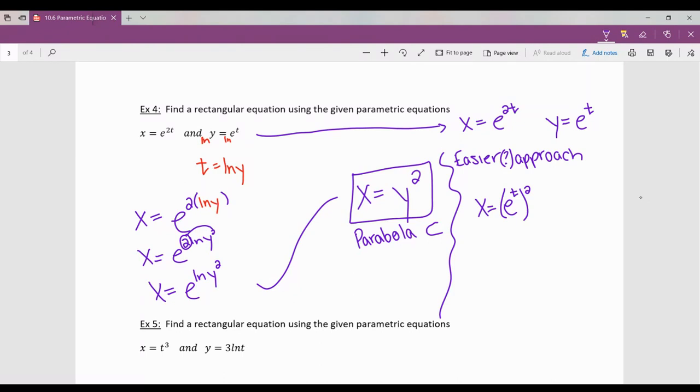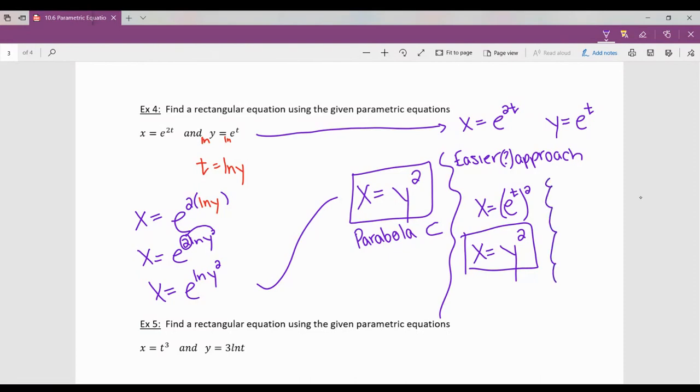And then fill in your y, because y equals e to the t, so x equals y squared. Boom.